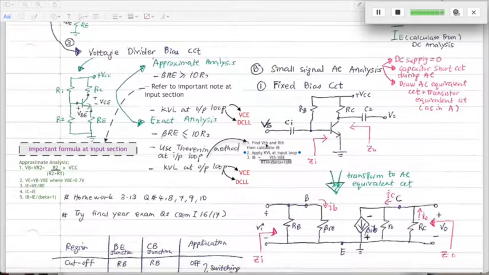So you need to find VTH and RTH to obtain IB, but to get IB, you need to apply KVL first. Once you get the VTH and RTH values, this is the IB formula, which you can get from the KVL equation. Again, KVL at the output loop will give you VCE and the DCLL.